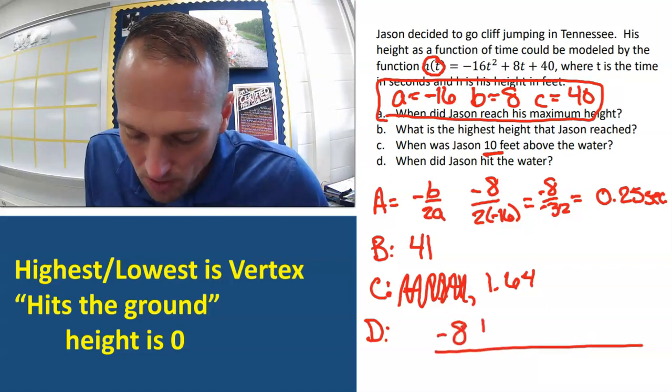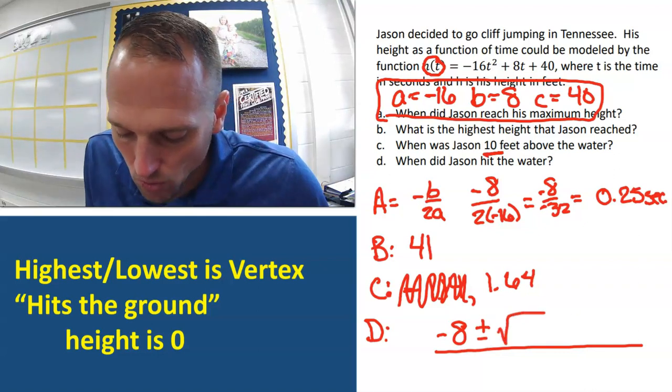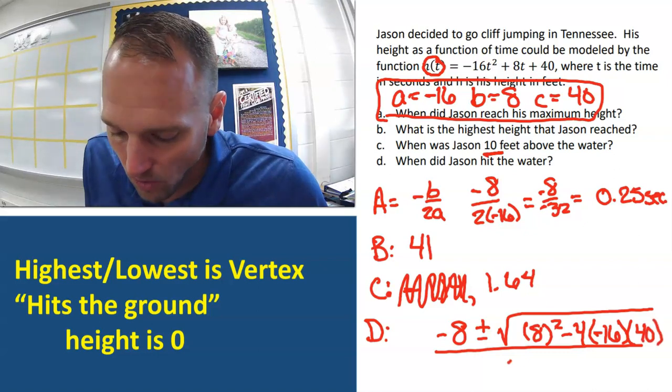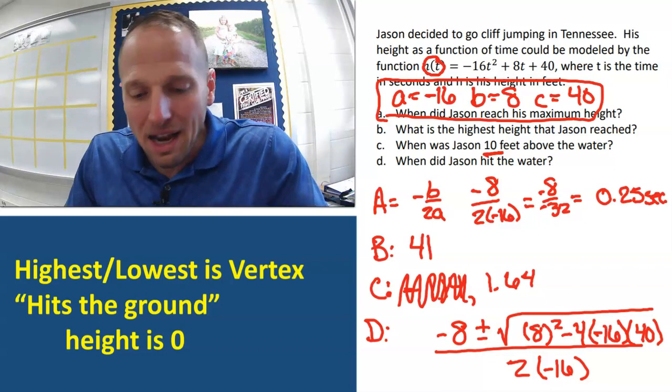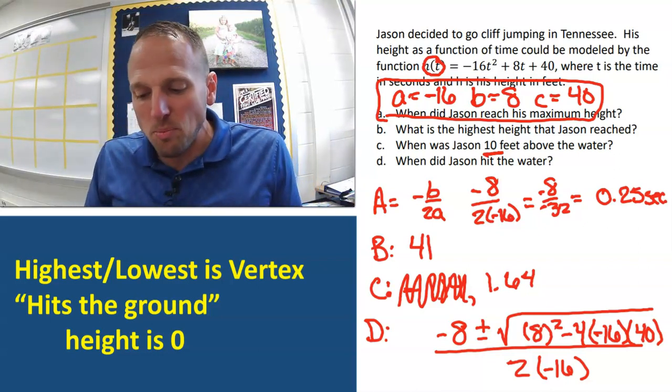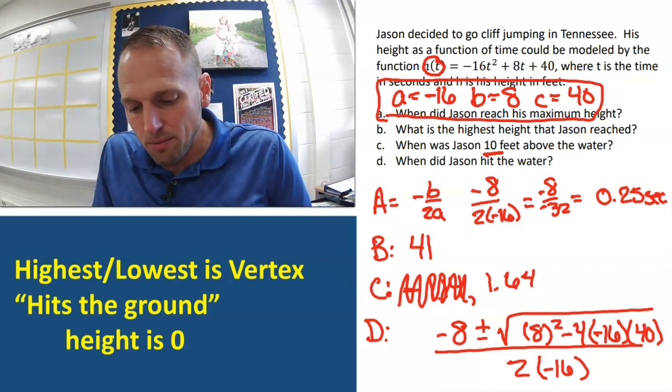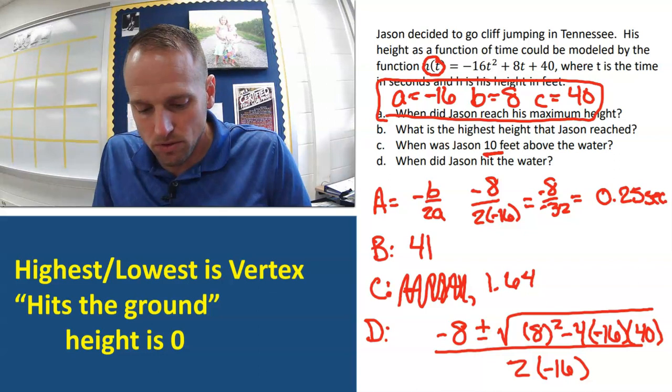Negative b plus or minus the square root of b squared minus 4 times a times c, all over 2a. Now I'd encourage you to maybe pause this video and work this out yourself, but I'm going to go through and work this pretty quickly.